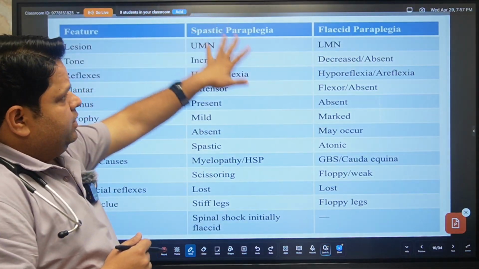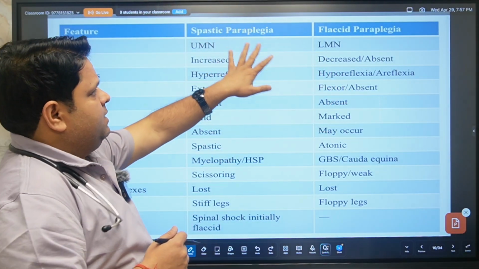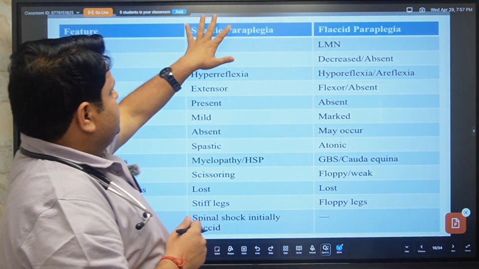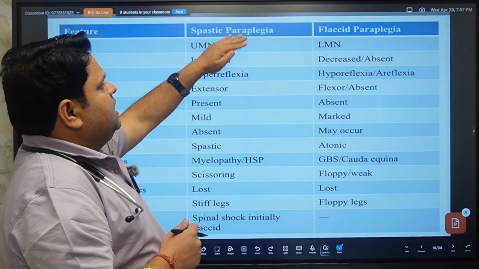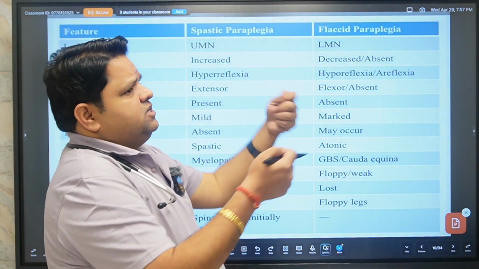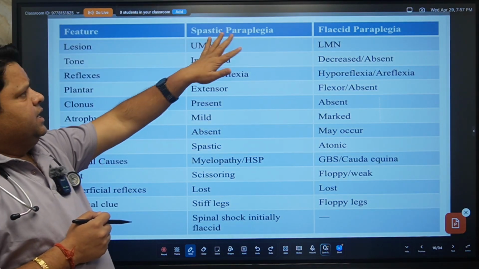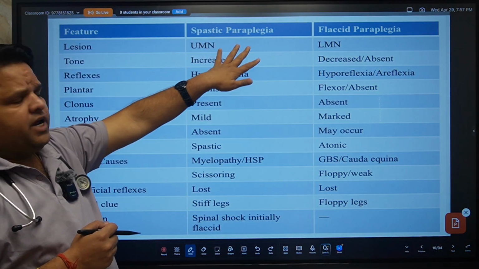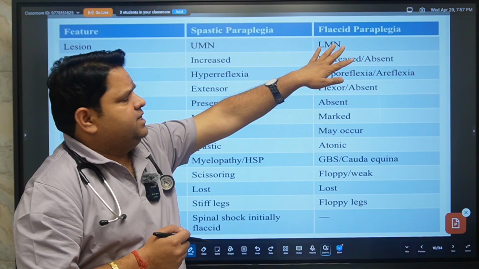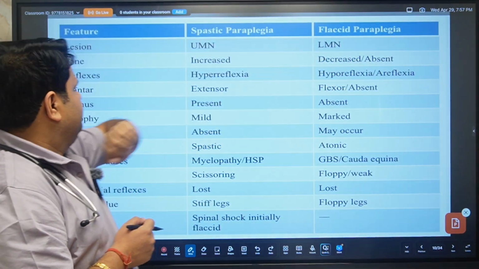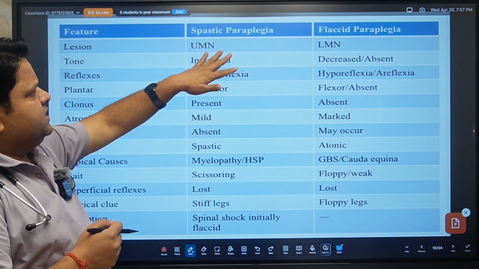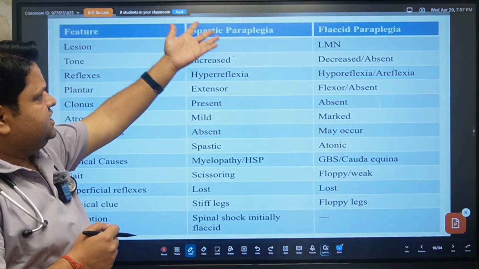So if we differentiate between spastic paraplegia and flaccid paraplegia, spastic paraplegia means spasticity is there, flaccid means flaccidity is there. If we discuss where the lesion is, in spastic paraplegia, an upper motor type of lesion is there. In flaccid, there is a lesion in the lower motor neuron. Tone is increased in the spastic, as the word says, spasticity.